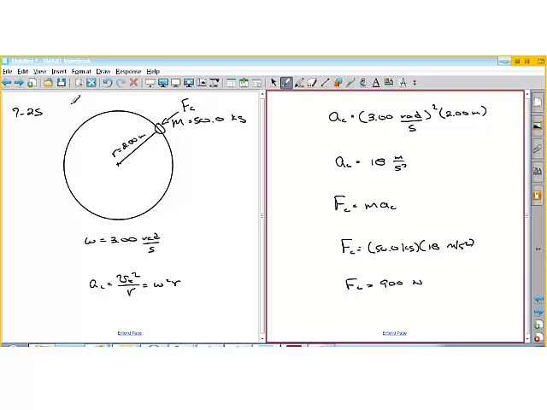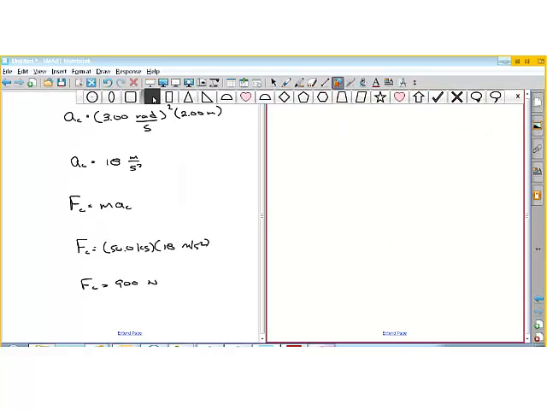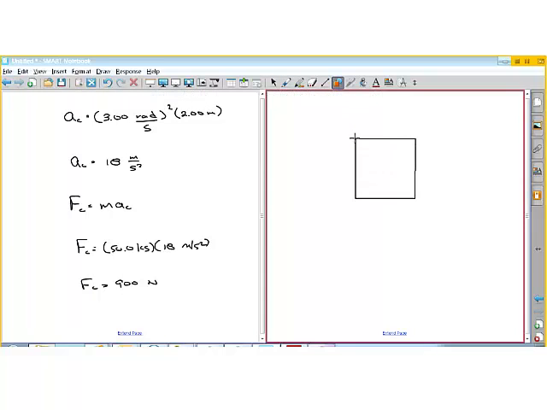Well, if you think about this person, here they are, and so you have this centripetal acceleration that's going towards the center, and so you've also got this force which is due to friction.